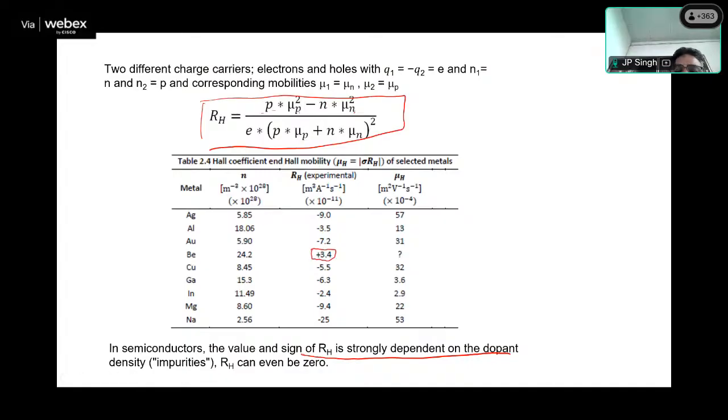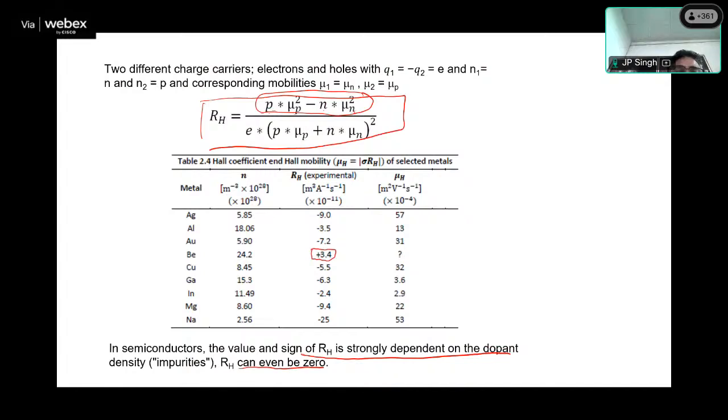So if my material has the same dopant concentration and the same mobility, meaning electron and hole mobility are the same and they have the same concentration, the Hall coefficient RH can even be 0. It can be positive or negative depending on the mobility as well as the carrier density. So depending on these two numbers, this factor is important. Depending on whether this is greater than 0 or less than 0, you will get a positive or negative Hall coefficient.